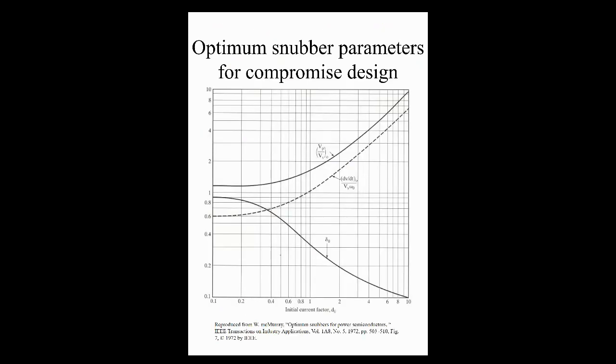Looking at this graph, we see one curve that gives the ratio of the peak transient voltage to the input voltage. And we also have another curve that gives us sigma naught, the optimum damping factor.